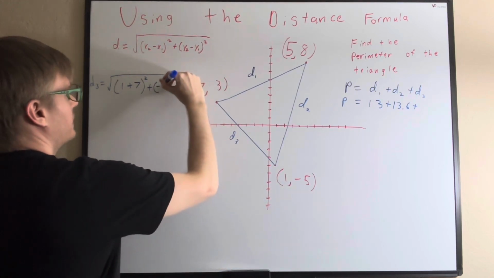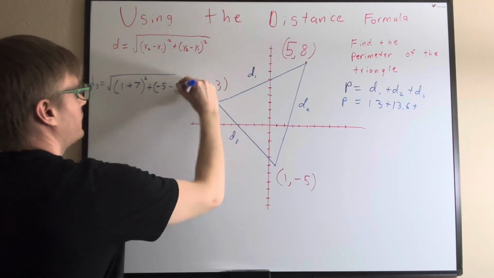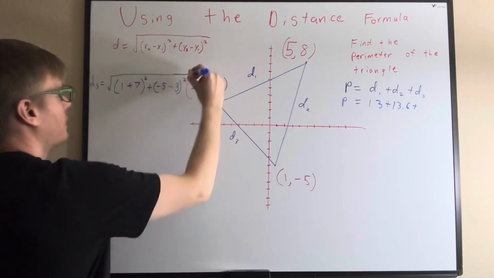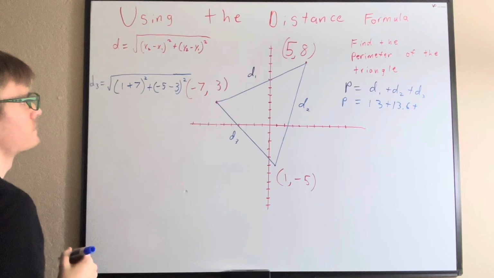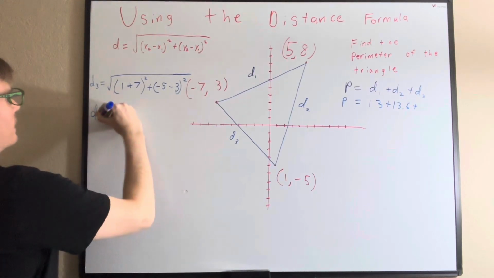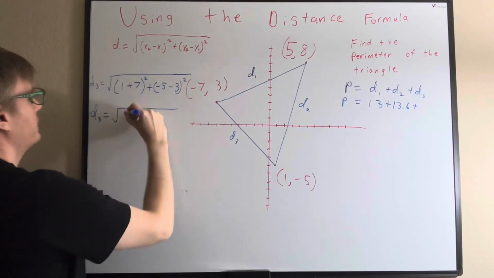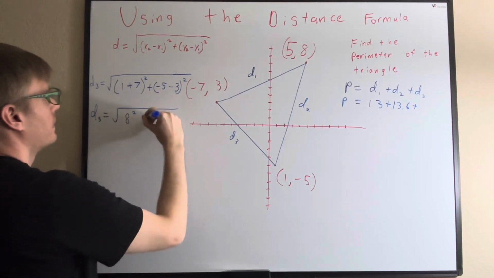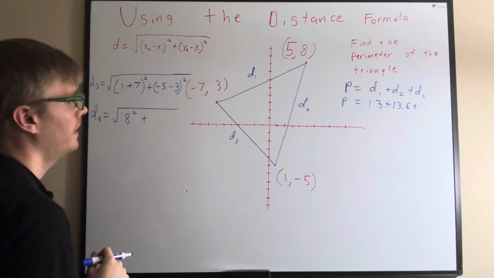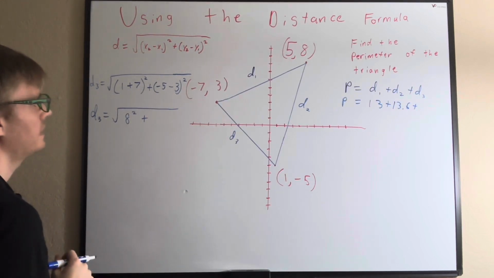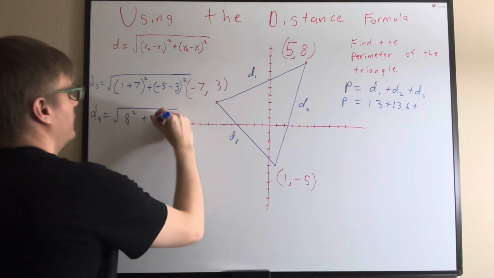And we have a negative 5 minus 3 squared. All right. 1 plus 7 is 8. Negative 5 minus 3 is negative 8.